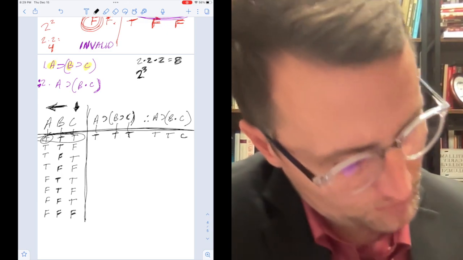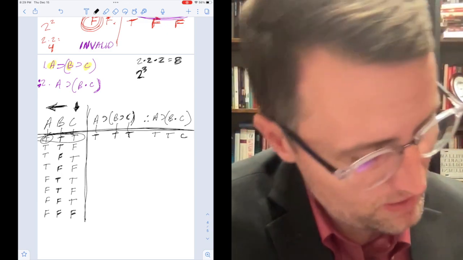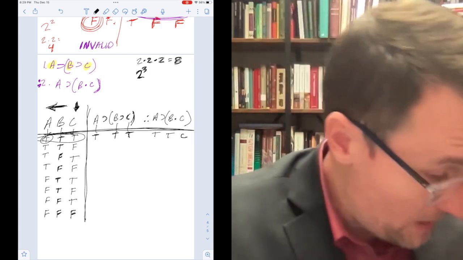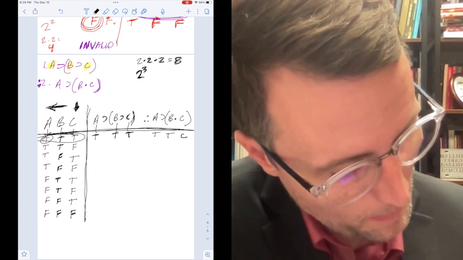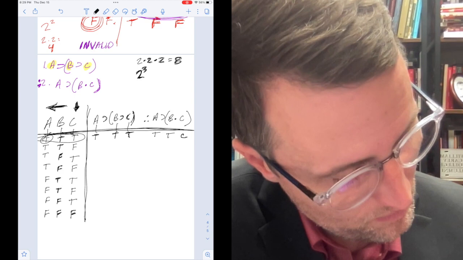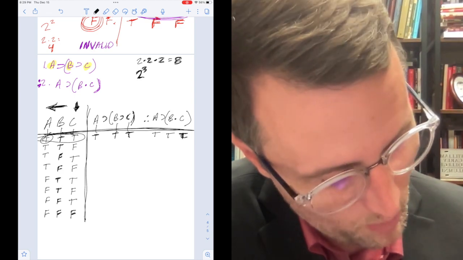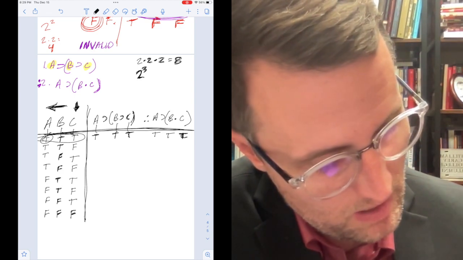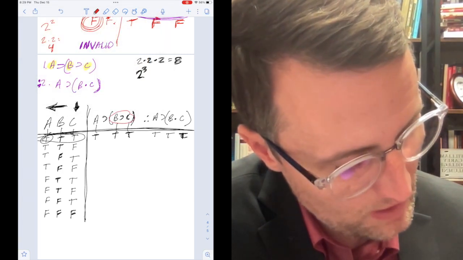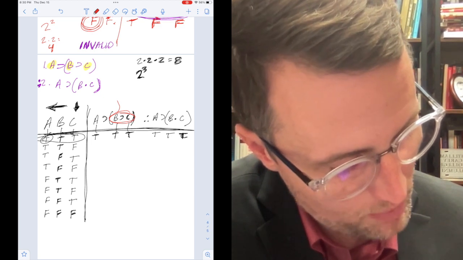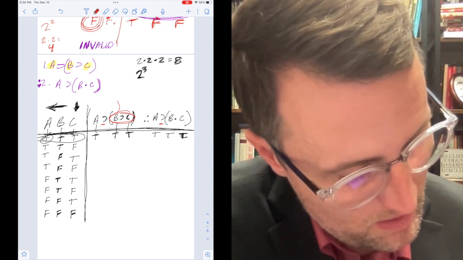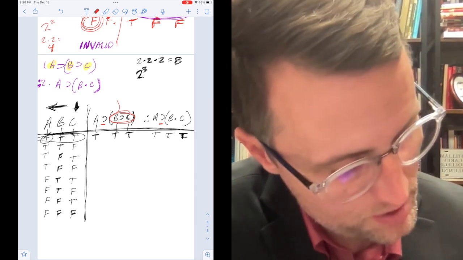But it may be easier to do it in your head or do it in a way that you can identify the main logical operator. So you could do it like this, but remember we work from the smallest unit out. And so the main logical operator in these two statements is this horseshoe.